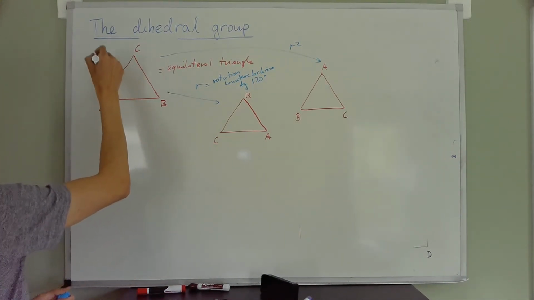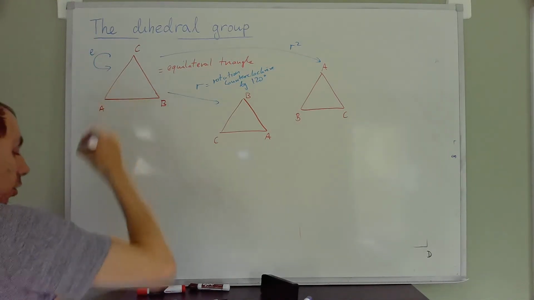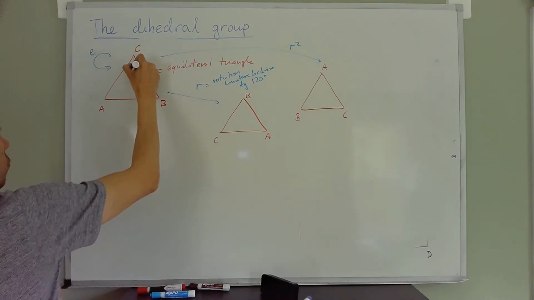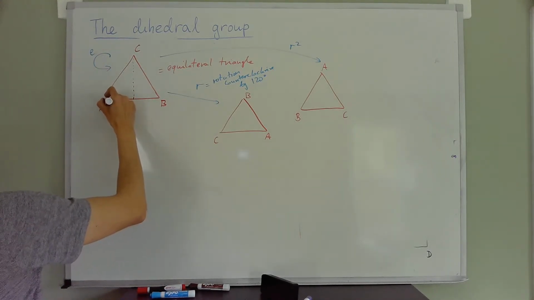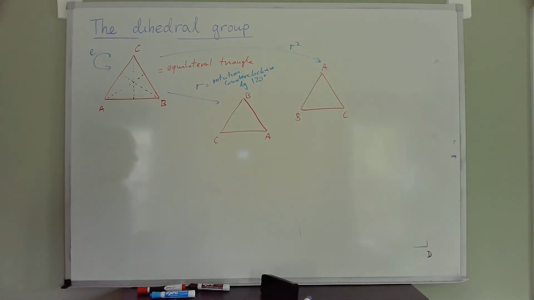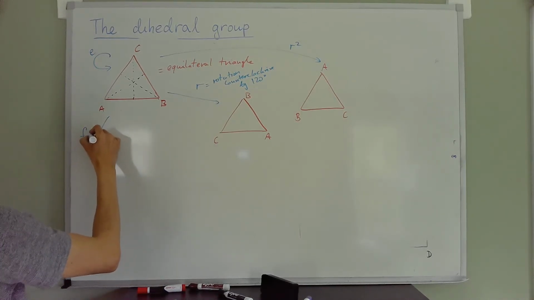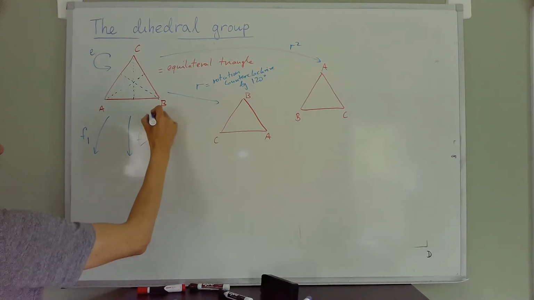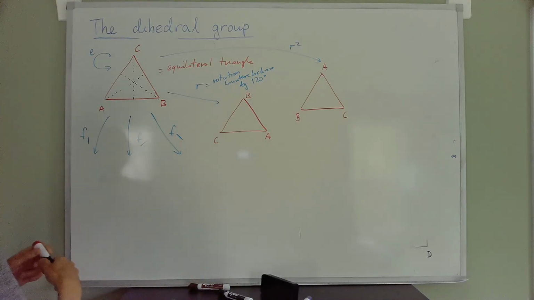So there is, of course, the do-nothing symmetry. But then you also get three axes of symmetry here. They're not like the ones in the square. You drop a height from a vertex onto the opposing side, and you get three axes of symmetry. So you get three flips here. In this notation, it will be the vertical flip, the flip like this, and the flip like that. So what do you get?